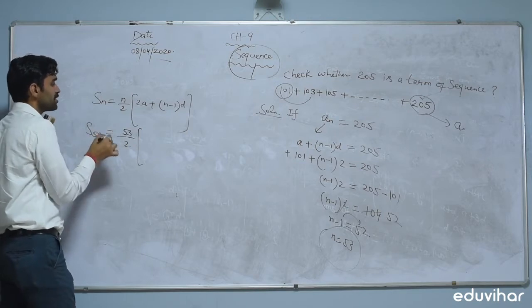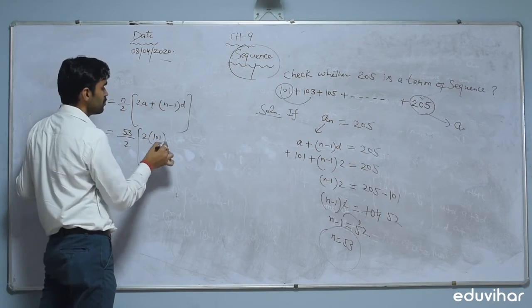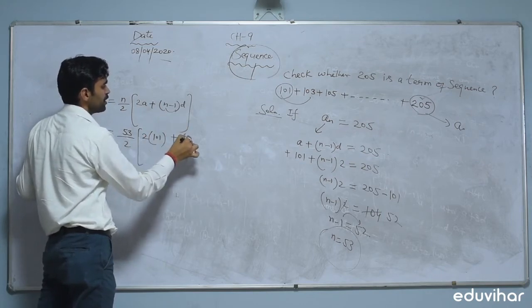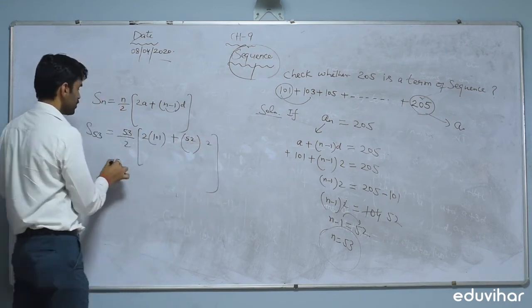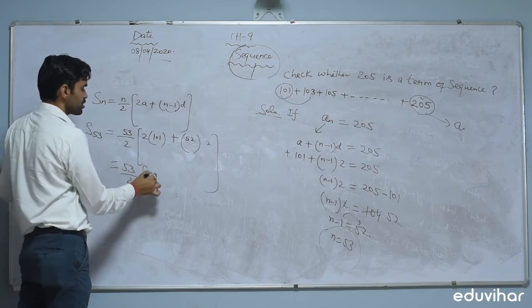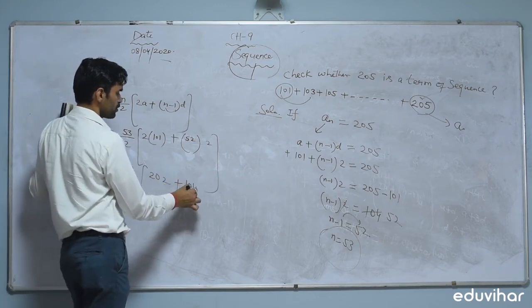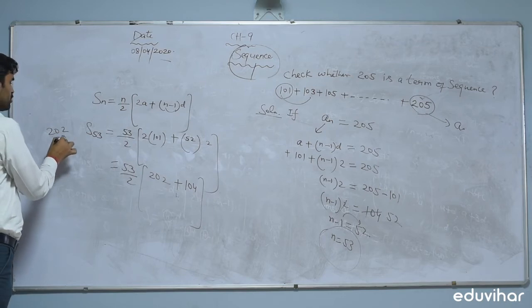The sum of 53 terms of the AP: 2a, where the value of a is 101, n is 53, 53 minus 1 is 52, and the value of d is 2. So we get 101 into 2, that is 202, plus 104, and 202 plus 104 is 306.